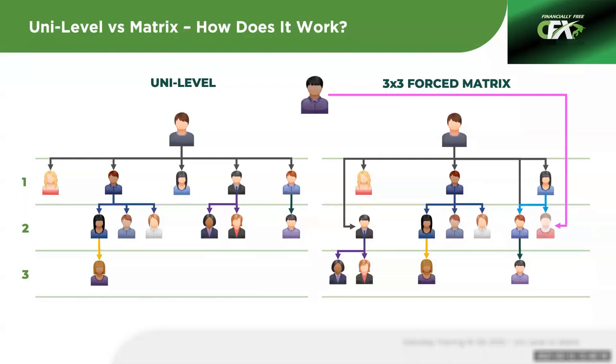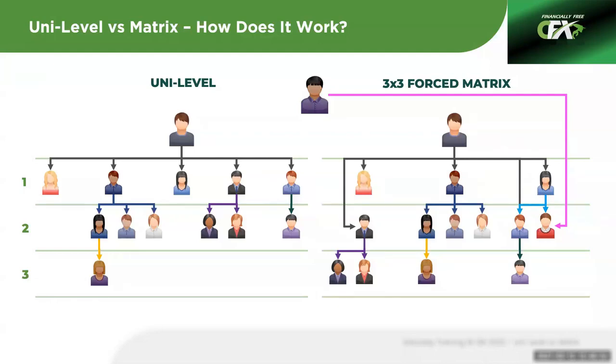And then somebody above you, somebody in your upline, introduces somebody, and the matrix decides to put that person here in your matrix. So one of the benefits of the matrix is that you can have people placed in your matrix from way above you, from people you don't know.